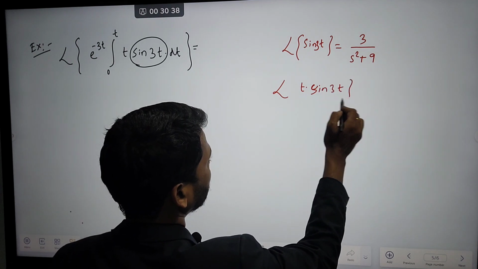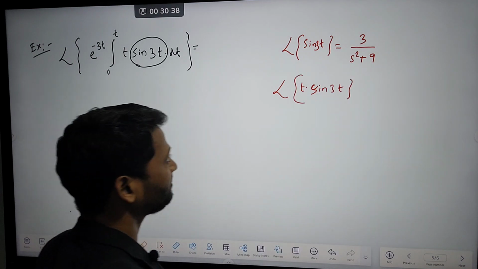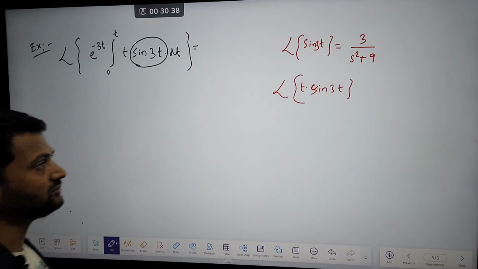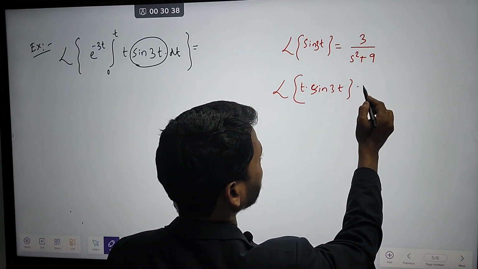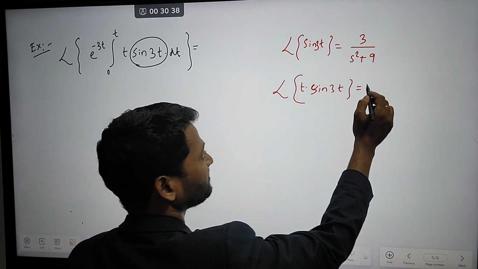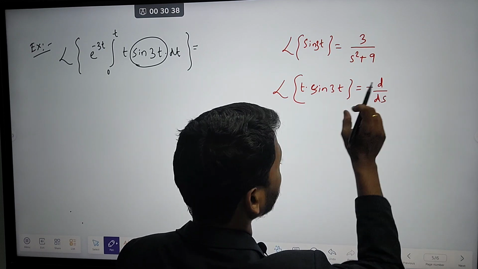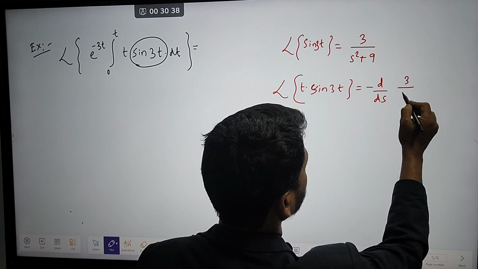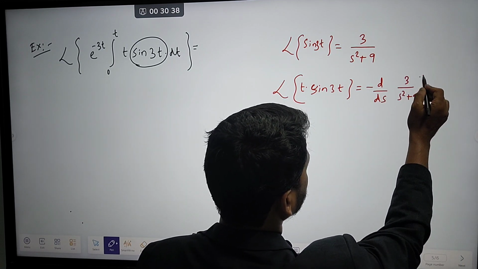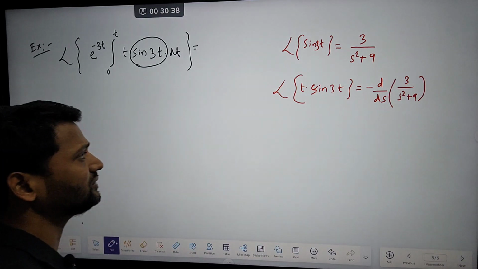Then you find out Laplace of t into sin 3t. So by using the effect of multiplication by t theorem of Laplace transformation, since t is multiplied to this function, your answer is minus d by ds, negative differentiation of this function. Yes or no? Yeah, so clear.